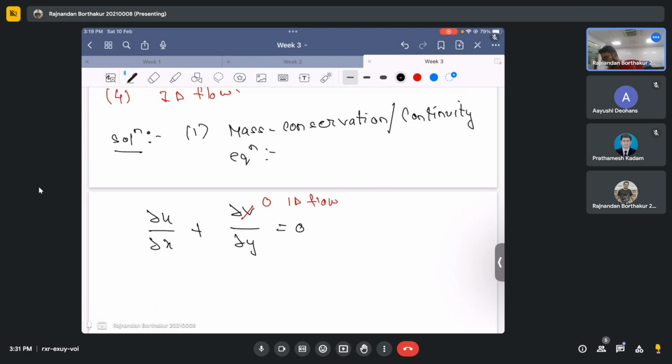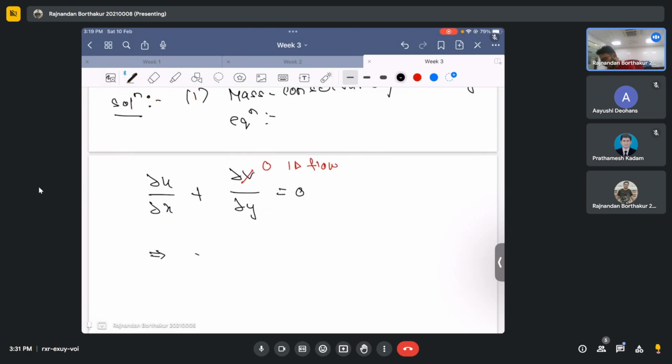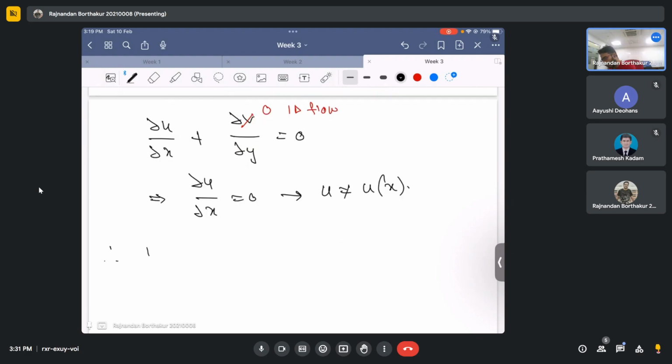This means that del u by del x equals 0, which suggests, as we saw last week, that u is not a function of x. Therefore, u is just a function of y only.